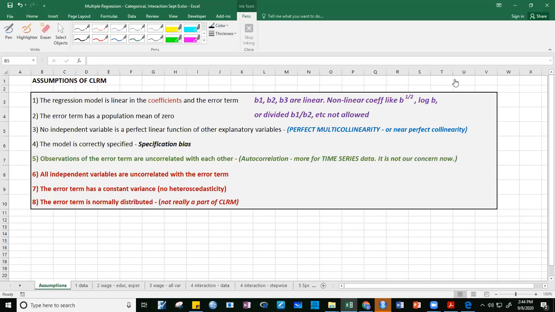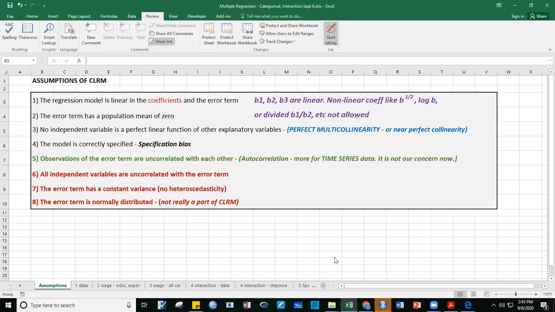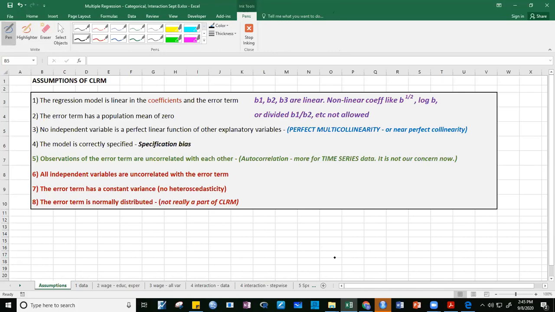Mukhang hindi gumagana yung ano ko. It's not working. Wait. Sorry. Set up pa lang siya.